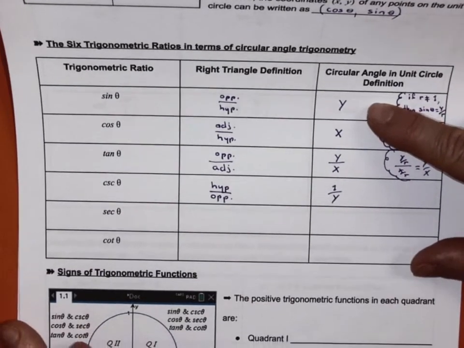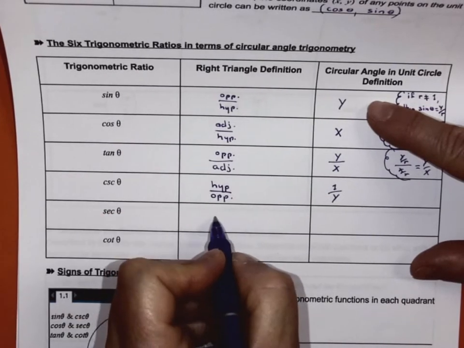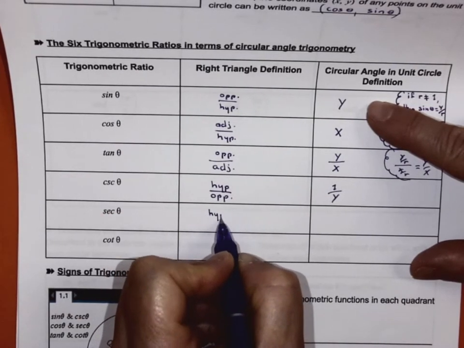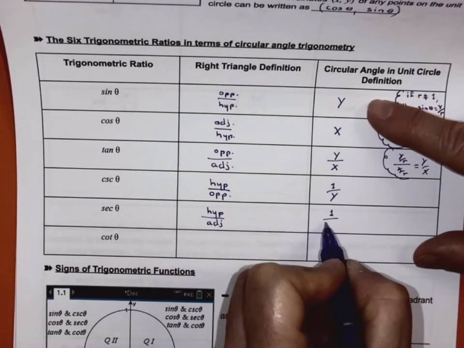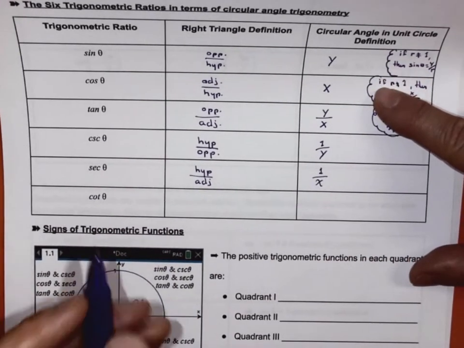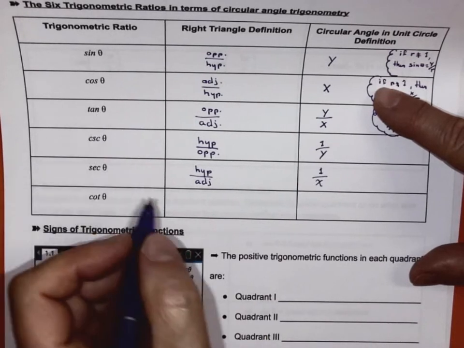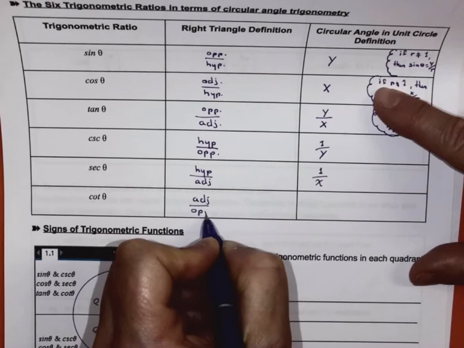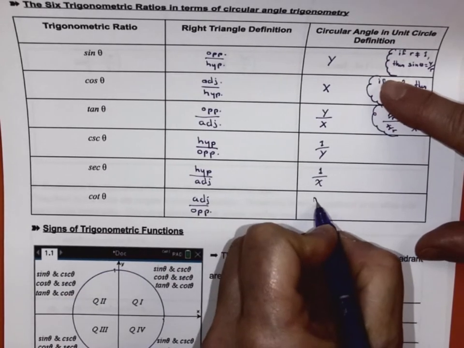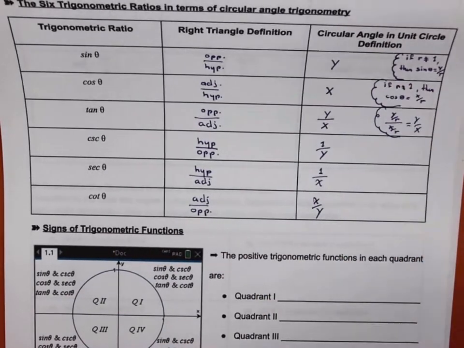The secant is the reciprocal of the cosine, so that's hypotenuse over adjacent, and so that would be 1 over x. The cotangent is the reciprocal of tangent, so that used to be adjacent over opposite, which for us here is going to become x over y. So that's what we want to think about.